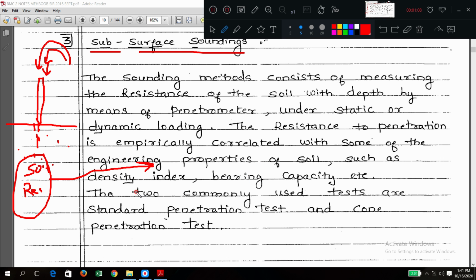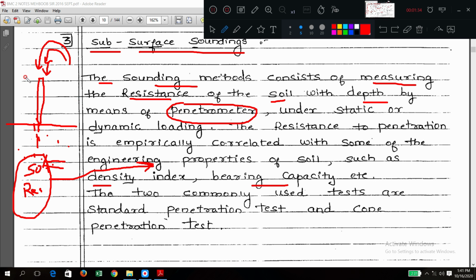So what are engineering properties? Such as density index, bearing capacity, etc. These can be correlated to its resistance to penetration. That is what is explained here. The sounding methods generally consist of measuring the resistance of soil with depth by means of some penetrometer.